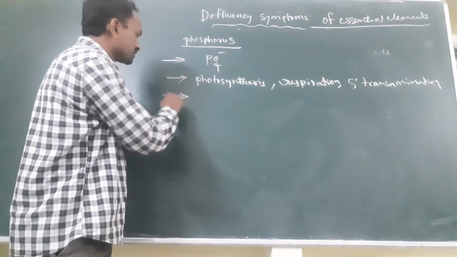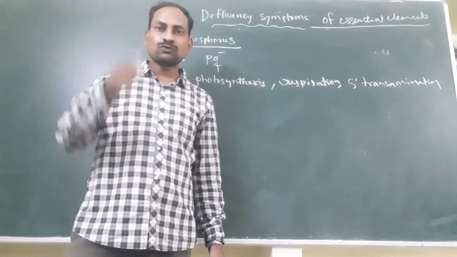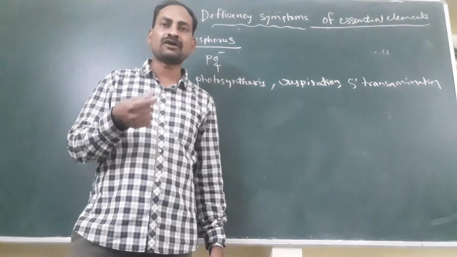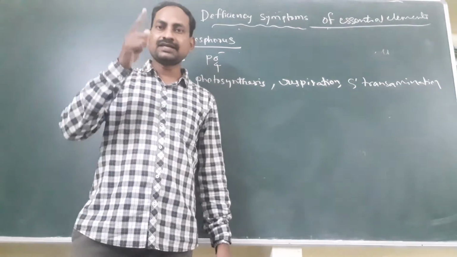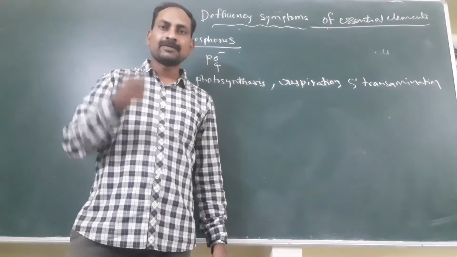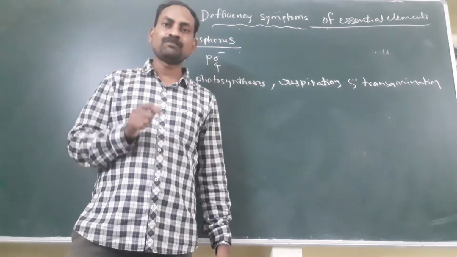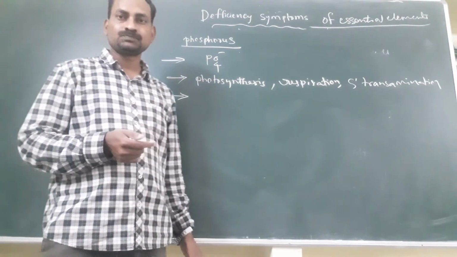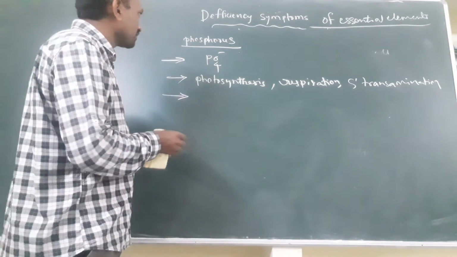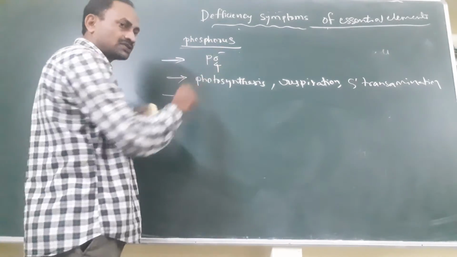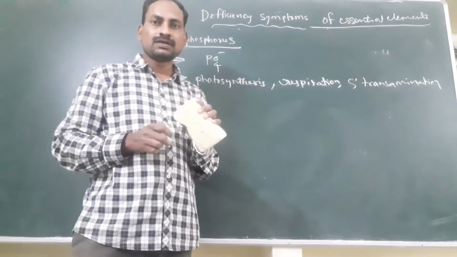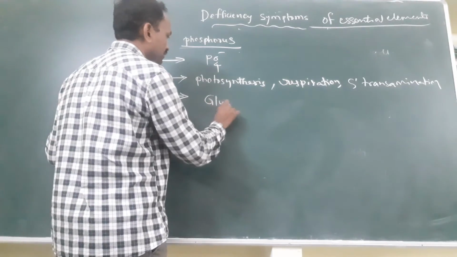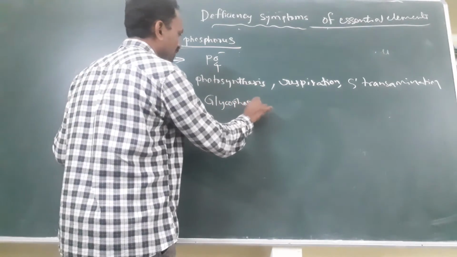And phosphorus is also present in the backbone of the nucleic acid. We know very well the backbone of the DNA or RNA is made up of sugar and phosphate, right? Here phosphate is involved in the backbone of the nucleic acid. For the synthesis of the nucleic acid, phosphorus is very important. Understood? And phosphorus also acts as a cofactor in some enzymes like glycophosphatase.